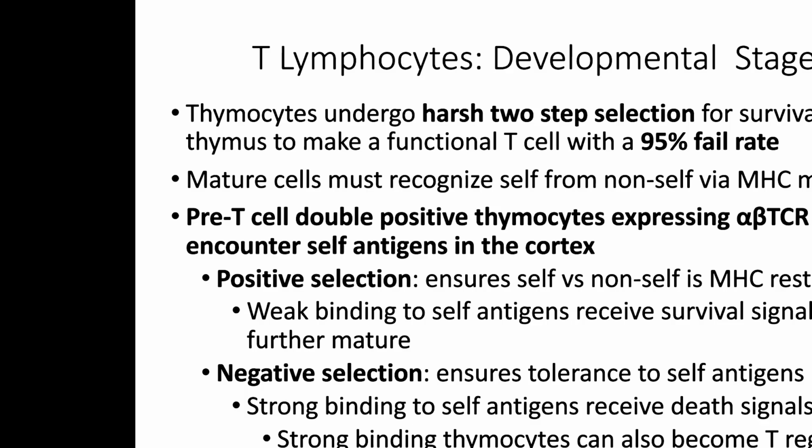Negative selection means that we are trying to make sure that it will not bind to self antigens so strongly that it won't leave. If it binds so strongly, then that cell will receive death signals and eventually die off. If it's unable to interact at all, then it will just cease to exist.